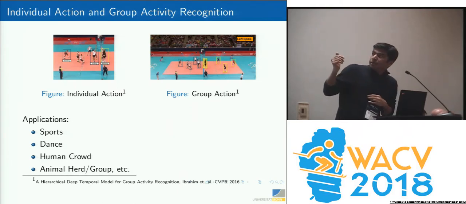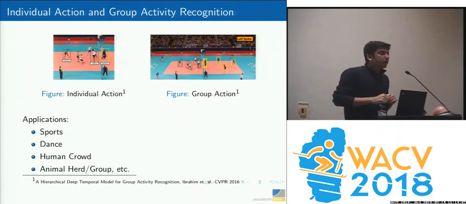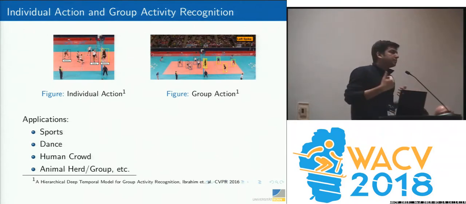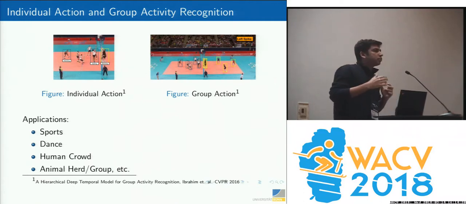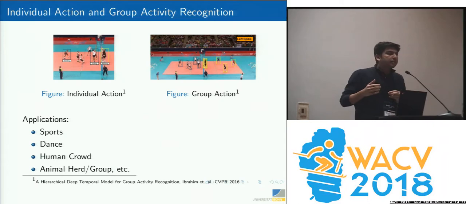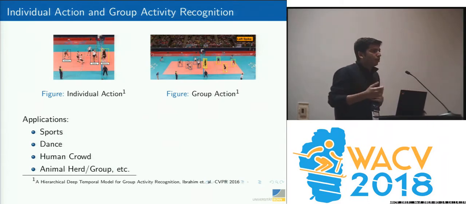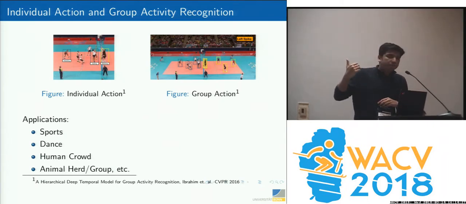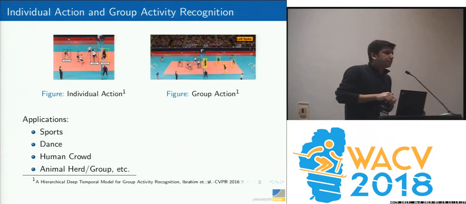In the first figure, the players are either standing, blocking, or smashing. Each player is doing a different action, but in the group activity, this whole thing culminates into the fact that the left-hand team is smashing the ball. So the label of this is called left spike.